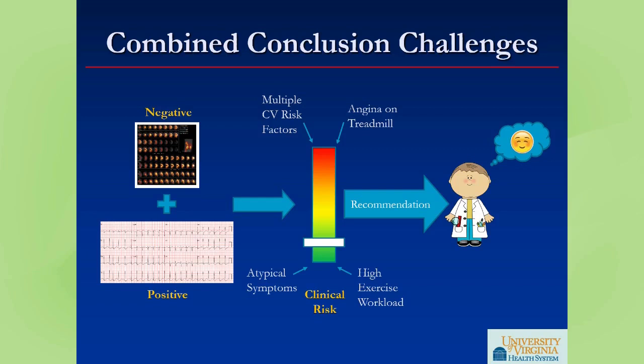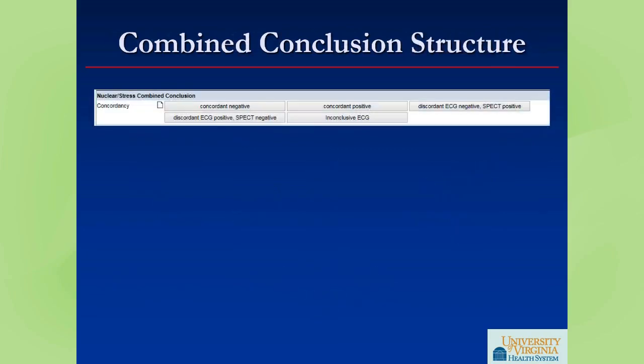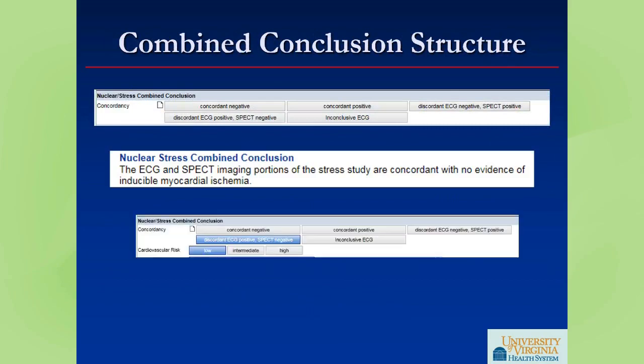We know what symptoms they presented with, at least on a global scale: was this really typical angina versus not so typical? Admittedly, some of that is only as good as the information in the note. But we look at things like their exercise workload, angina on the treadmill, their number of risk factors, and we come up with a gradation of risk.